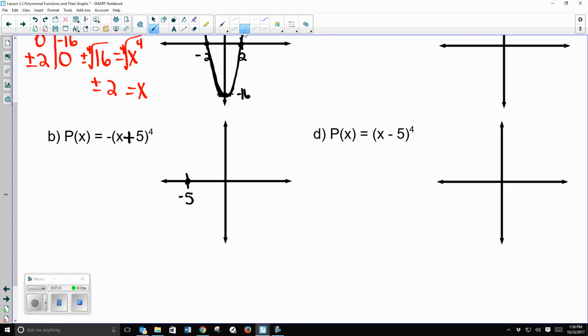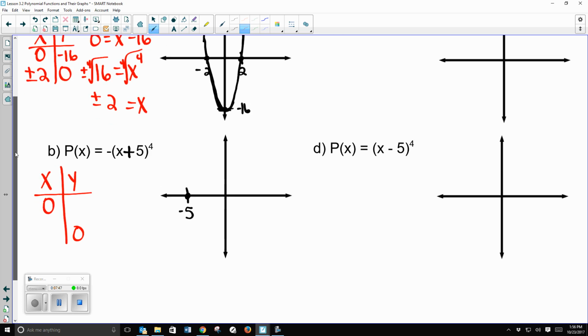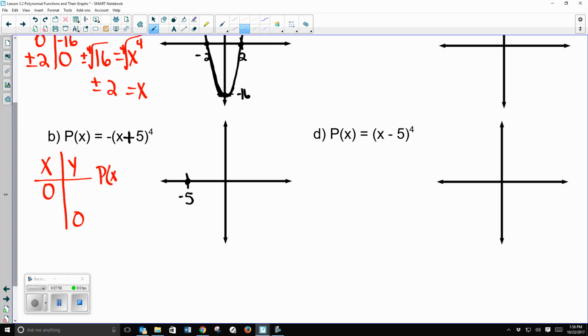Well, we kind of know that already on the x-intercept. So if I plug 0 in for x, is it negative 625? Yep. Okay.